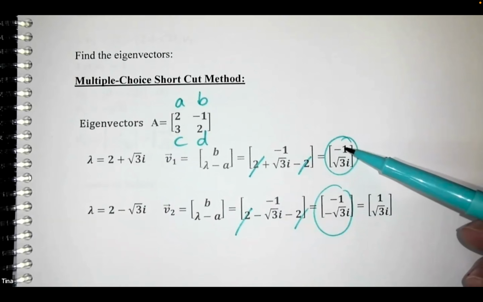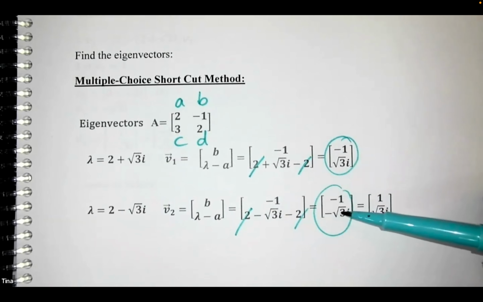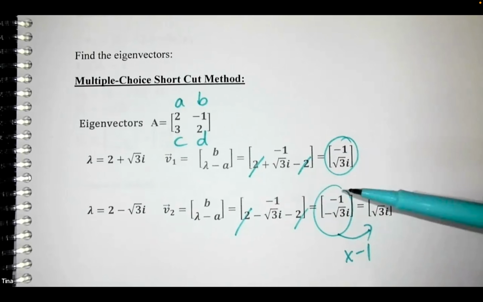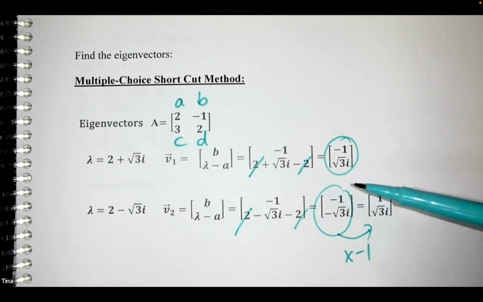It's just that one is negative 1 over positive root 3i and one is negative 1 over negative root 3i. And this is just multiplying all the components by a negative 1. Okay. So, equivalent answer. So negative 1 over root 3i, and the other one is 1 over root 3i.